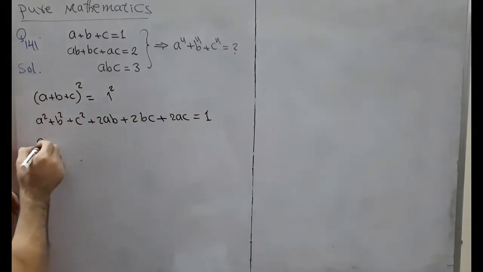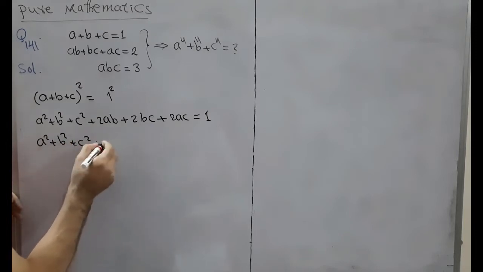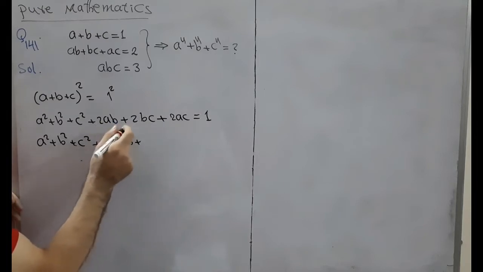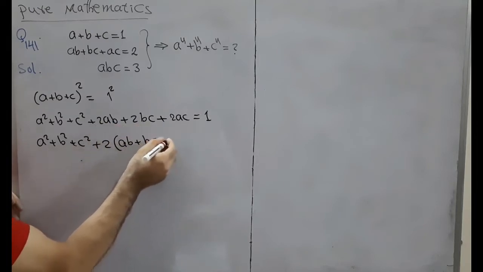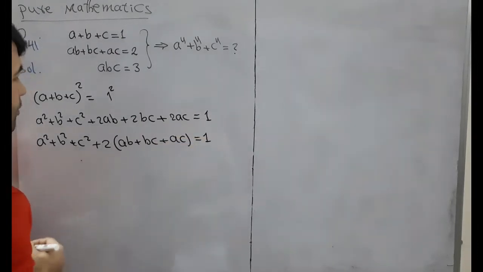Now here, a square plus b square plus c square plus, we take 2 as a factor, 2 into (ab plus bc plus ac) is equal to 1.